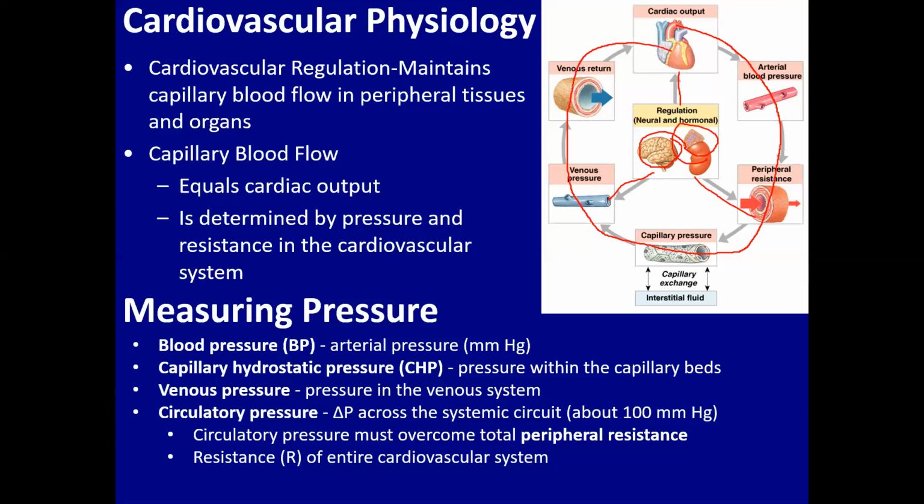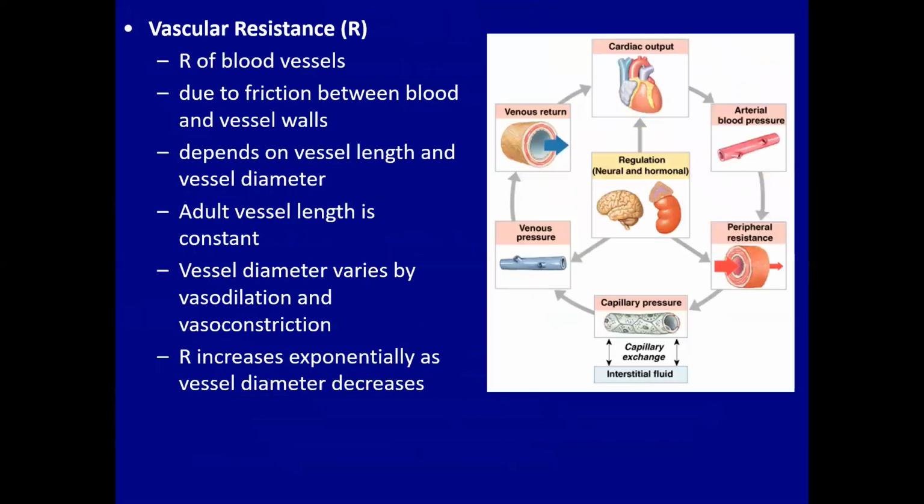Cardiac output affects arterial pressure, which also affects peripheral resistance, which also affects capillary pressure. Vascular resistance is the resistance of the blood vessels, and that's this friction that's between the vessel and the blood. And it depends on the length and vessel diameter.